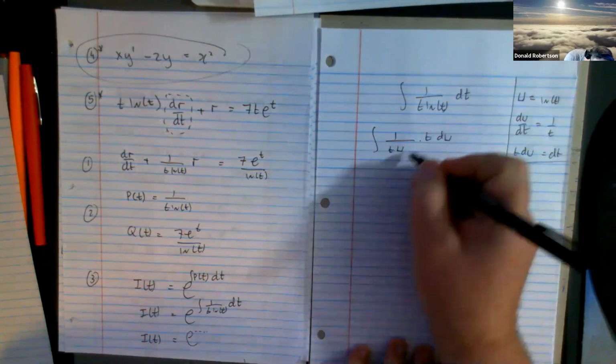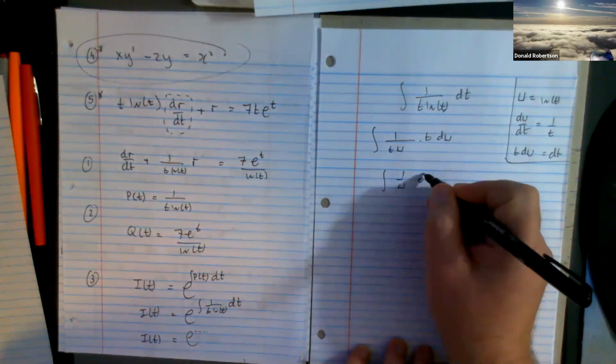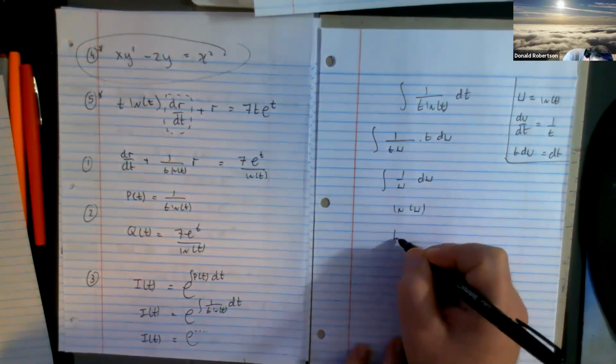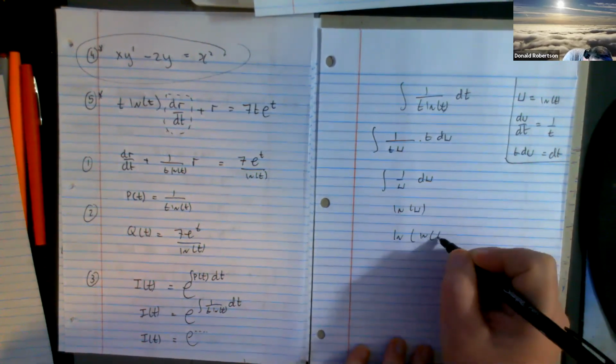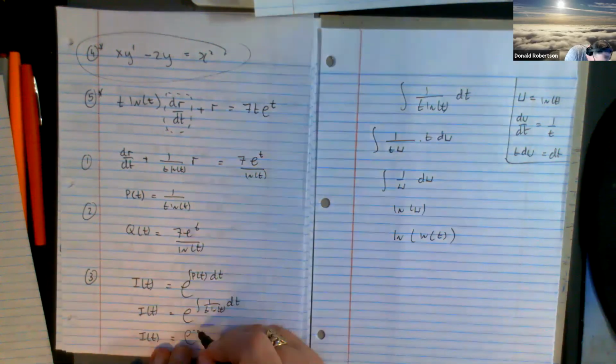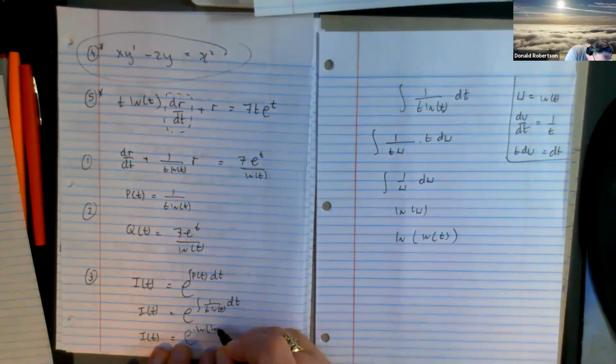The t's cancel. That's a log of u. And wow, look at that. It's a weird answer: the natural log of the natural log of t.